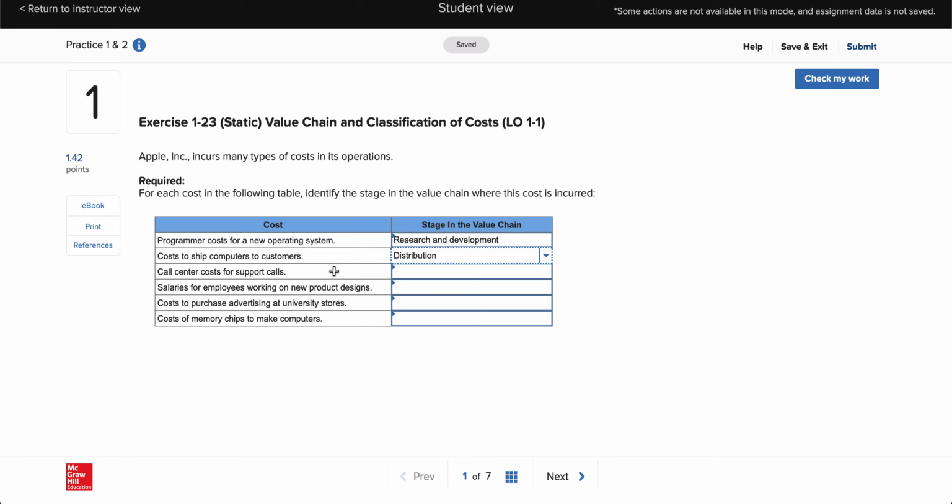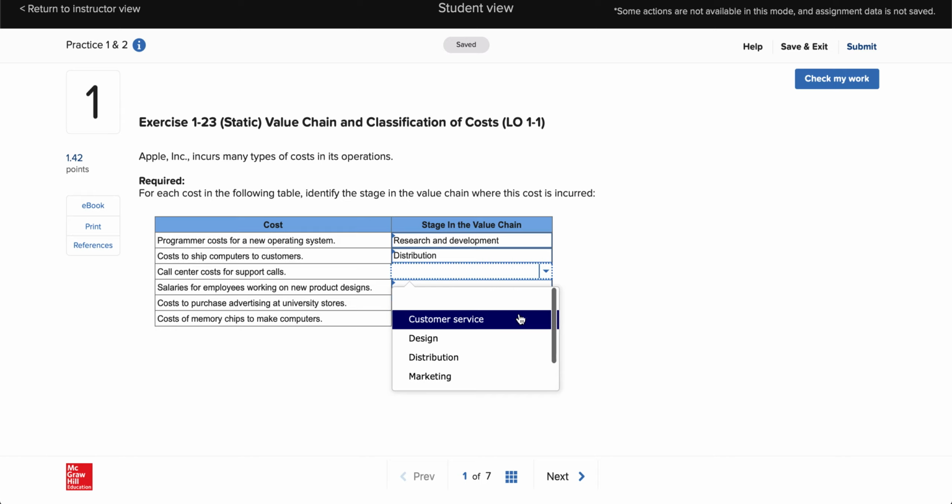We're distributing the products to the customers. The call center cost for support calls would be obviously a customer service item there. So hopefully you get the hint at what they're looking for here. I don't necessarily want to finish the three of these here. I'll leave that up to you. Let's move to question 2.